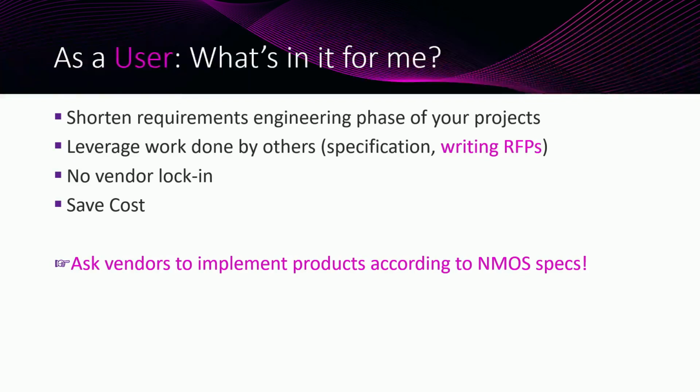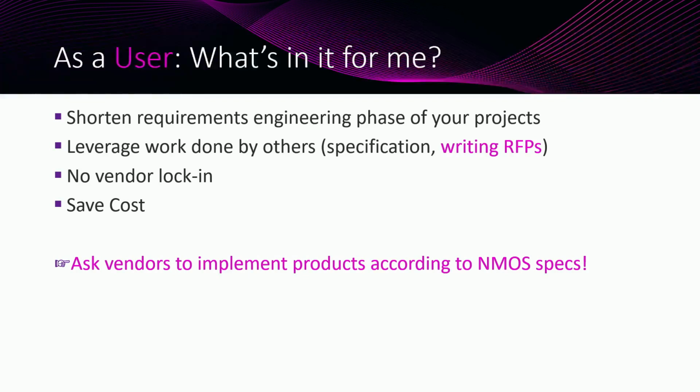Ultimately, it will help you build an open system with less or no vendor lock-in, and it will lead to saving cost for the end user. So my wish for the end users amongst you would be, please go to the vendors and ask them, can you do this? Yeah, you can do it. Can you do it with NMOS? Can you do it for us, please? And put that into your RFPs.